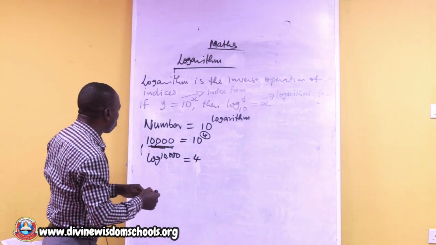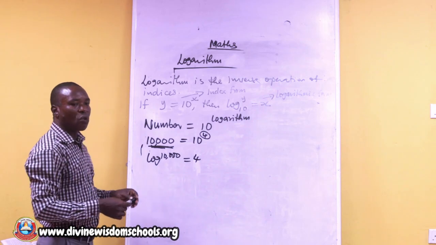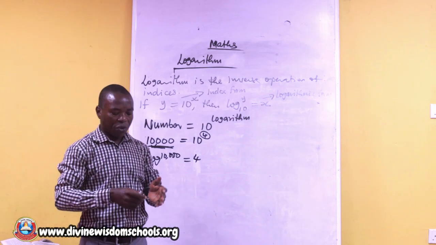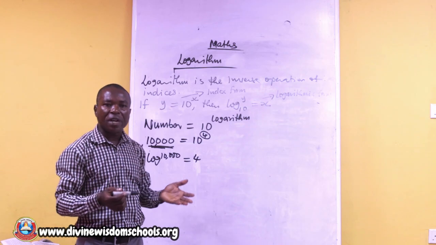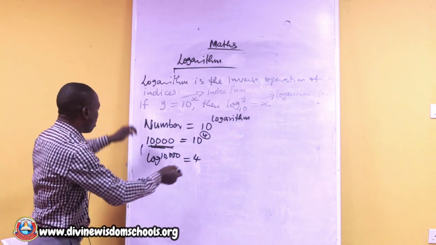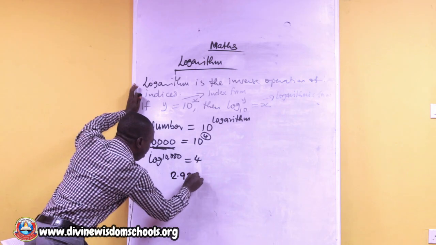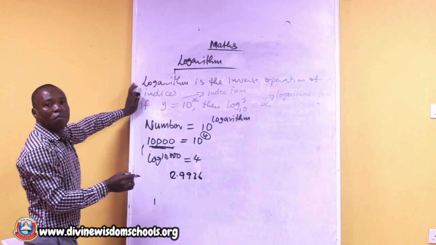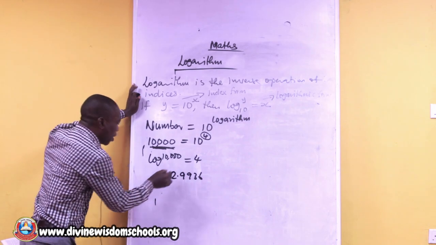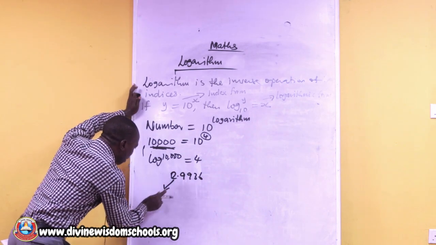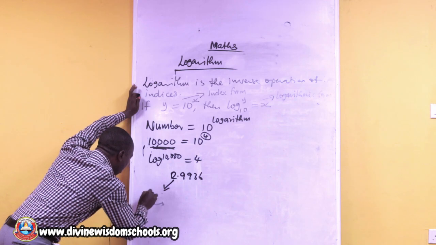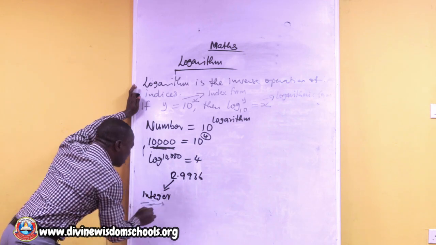Now, that will take us to what we refer to as the components of the logarithm of a number. If 2.9936, for example, is the logarithm of a number, the 2 here we refer to as the integer part.